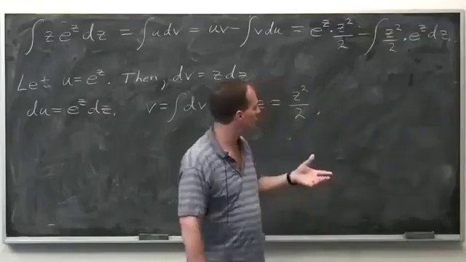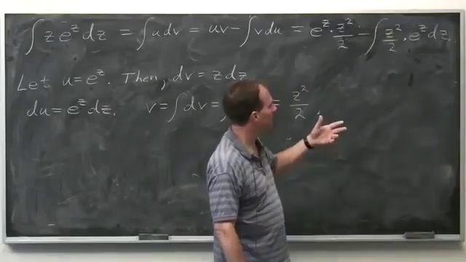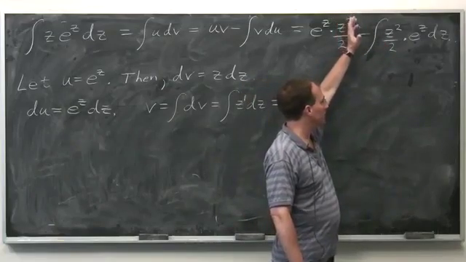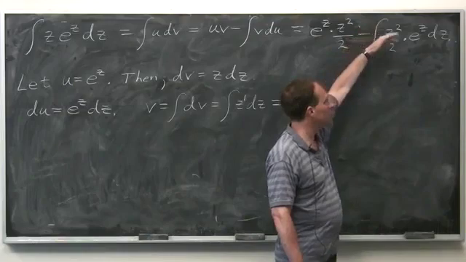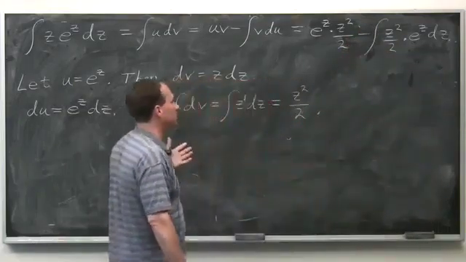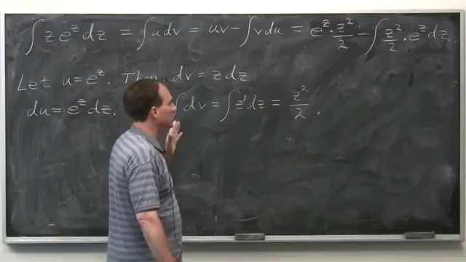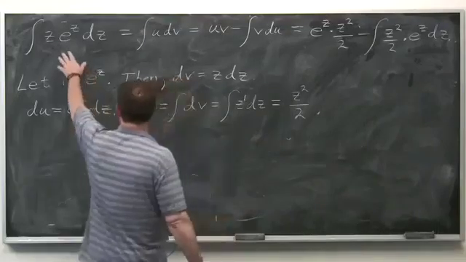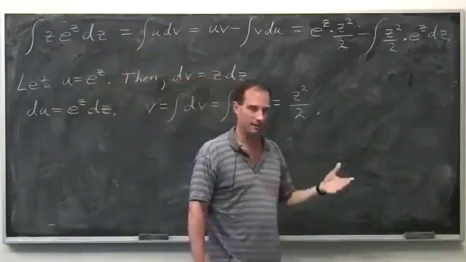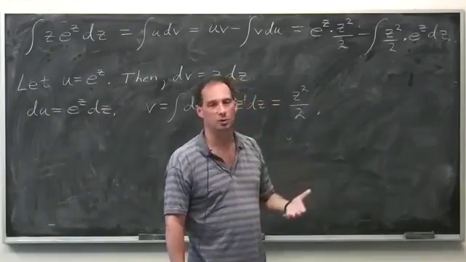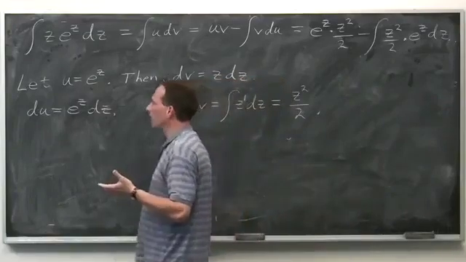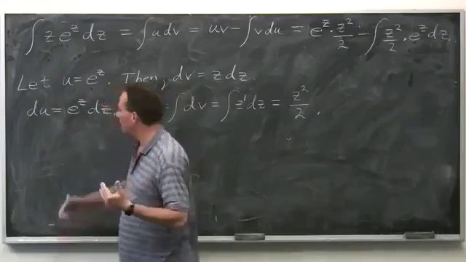And the third choice, which would be a little weird, is to let u be z, taking one of the z's, and that would make dv z over 2 times e to the z dz. Anyway, what happens if you make those choices is either you end up back where you started, over here, or your power of z goes up again, and you get a z cubed. So this is a bad way to go.